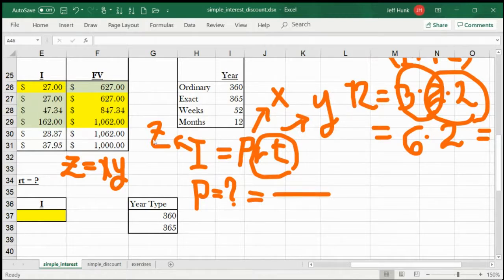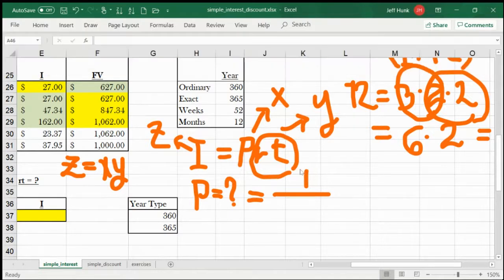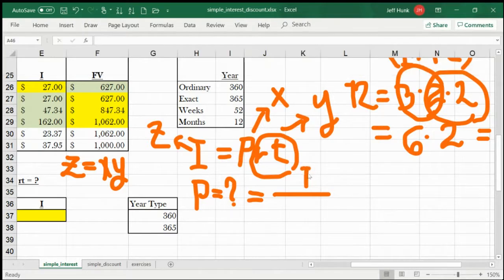You will divide. So it's going to be I divided by r times t, right? Makes sense?